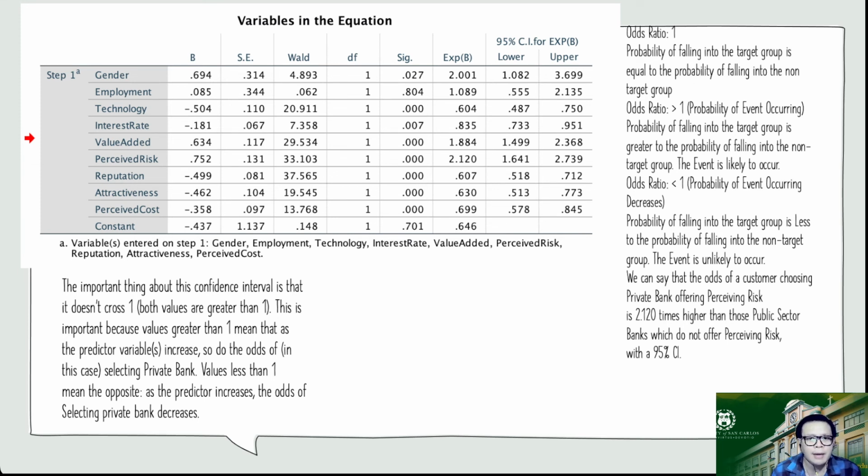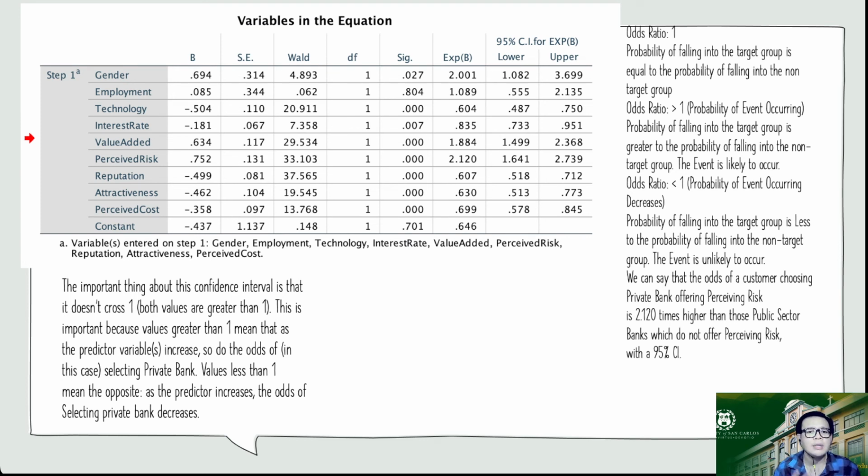When the odds ratio is greater than 1, the probability of the event occurring increases. So the probability of falling into the target group is greater than the probability of falling into the non-target group. So somehow we can say that the event is likely to occur.